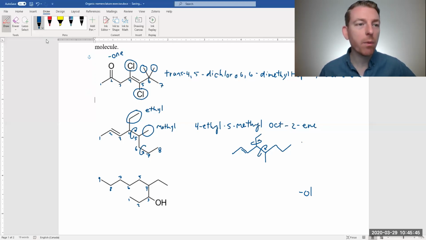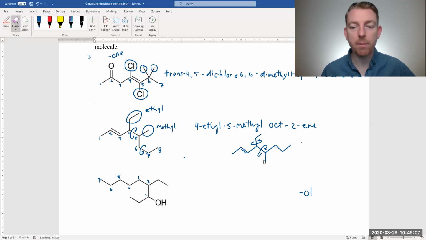But really what we want to do is to give that alcohol the lowest possible number that we can. So we're actually going to start right here with a 1, 2, 3, 4, 5, 6, 7.